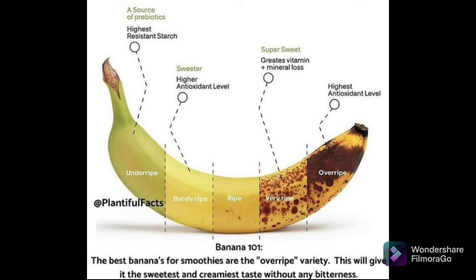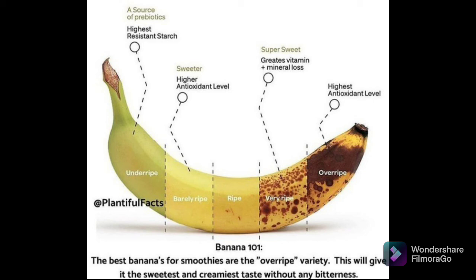Next is barely ripe, where it is about to ripen and it tastes sweet and has a higher antioxidant level. Antioxidants are substances that may protect your cells against free radicals, which is good for your body.